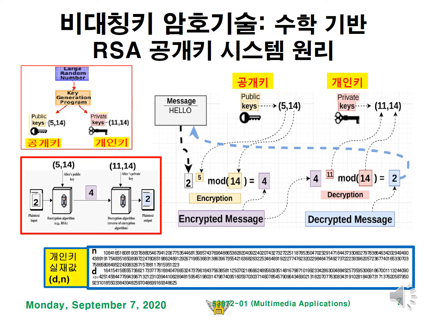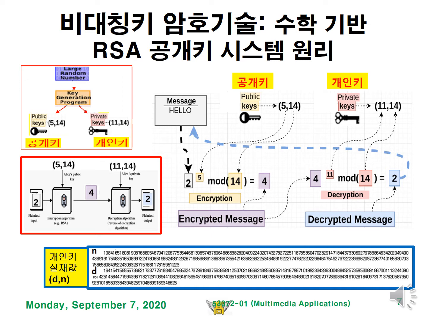So the encrypted message 4 to 11 mod 14. Compute 2. So 2 is hello. So the encryption process uses the public key, 2 integers 5 and 14.